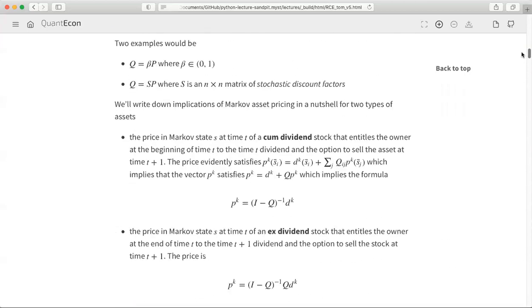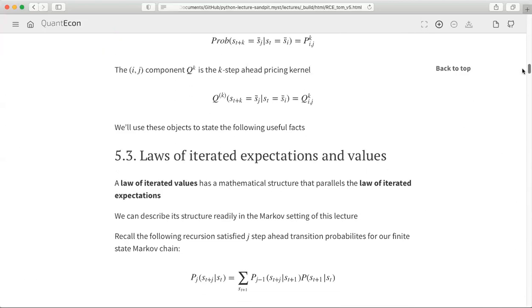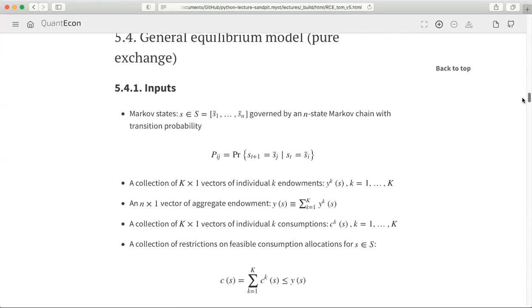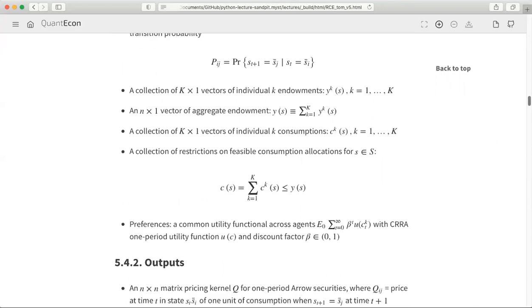These Markov Arrow models, the way we did it, have this list of inputs, which is what a Python programmer wants to see, and a list of outputs.